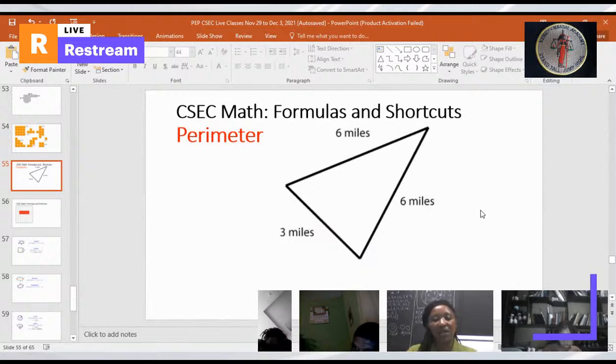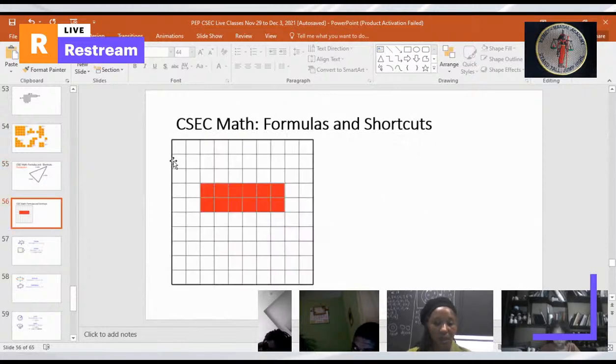Perimeter is just single units. Area is in square units, and volume is in cube units. So perimeter is just centimeters, miles, meters, whatever, not squared. Here we have another diagram. I wanted to point out again the idea that the perimeter is on the outer edge.